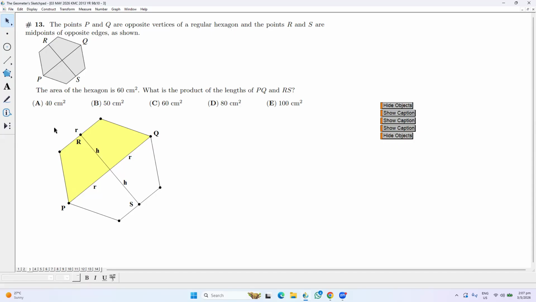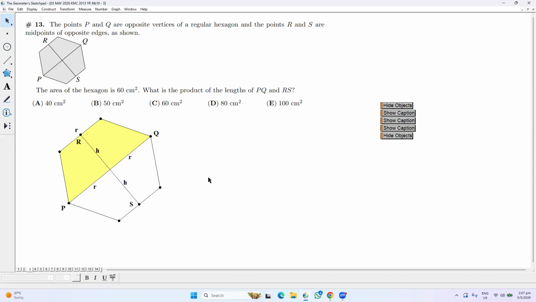Then we label the distance RS as 2h. One half is h, the other half is also h. So there are 2 trapezia.